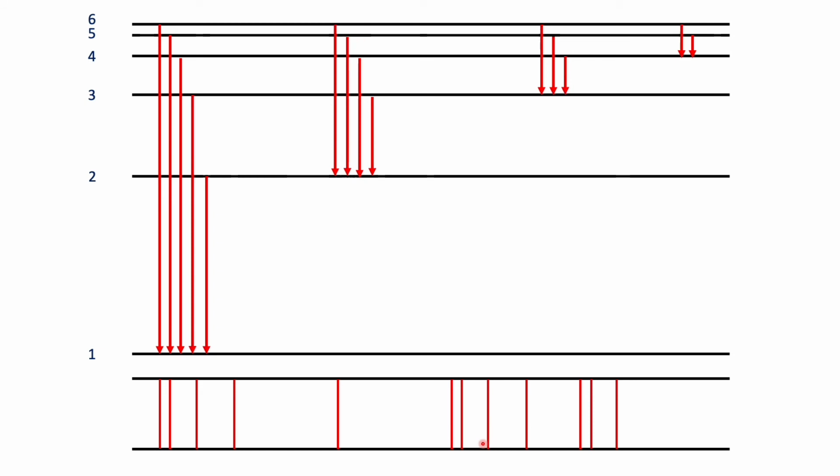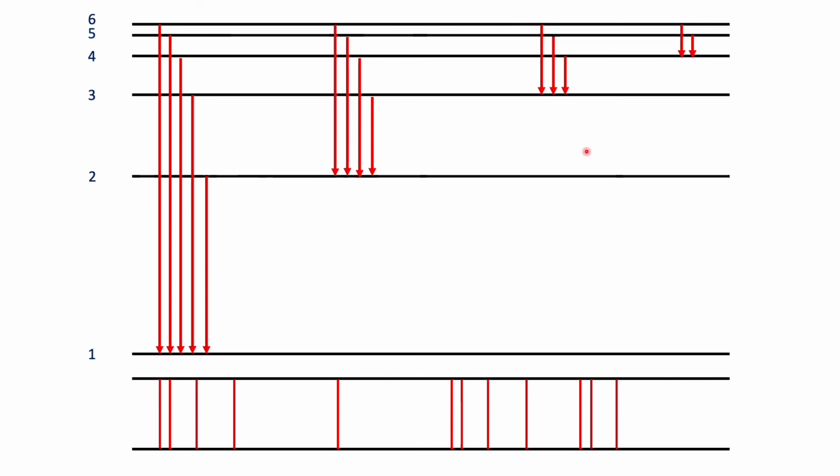So the gap between the first set of spectral lines and the second set of spectral lines is due to the energy difference between the second and the first energy level. The gap between the second set of spectral lines and the third set of spectral lines is due to the energy difference between the third and the second energy levels.